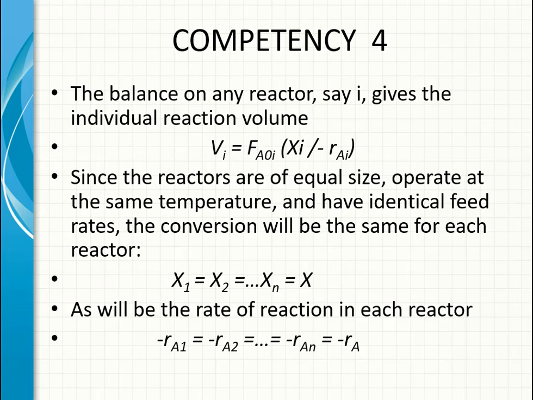Since the reactors are of equal size, operate at the same temperature, and have identical feed rates, the conversion will be the same for each reactor. X1 equal to X2 equal to Xn equal to X, as will be the rate of the reaction in each reactor. rA1 is equal to rA2 equal to rAn equal to minus rA.